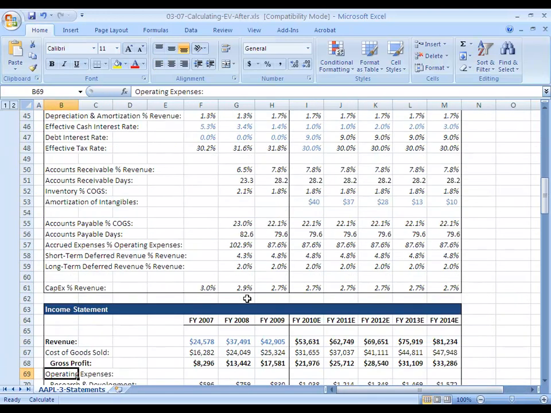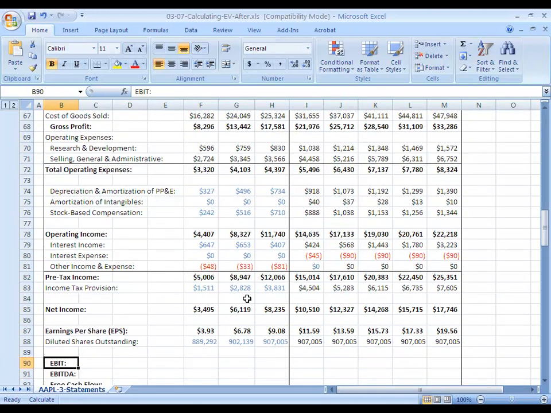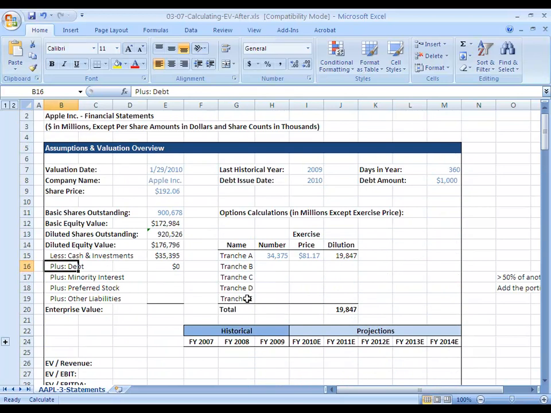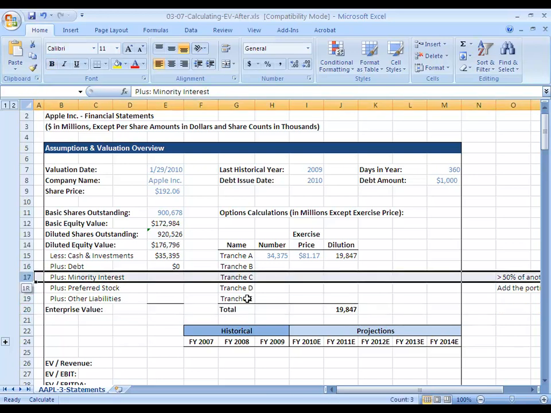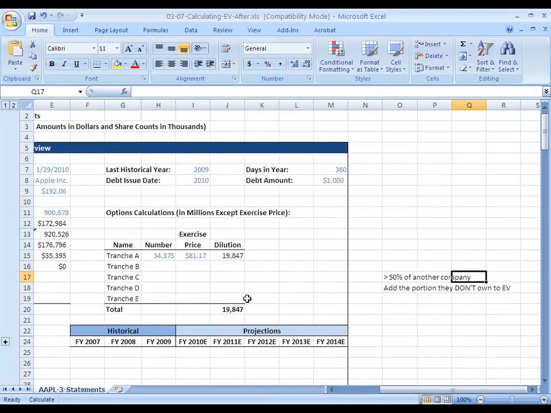But the problem is that unless we actually add this to enterprise value, nothing to reflect the value of the company that they own is going to show up here. So that's why we have to add minority interest, because the financials from this company are already reflected in Apple's financials, but we are not yet reflecting the value of this company that they own a majority stake in. So that's why we need to add it in right here.